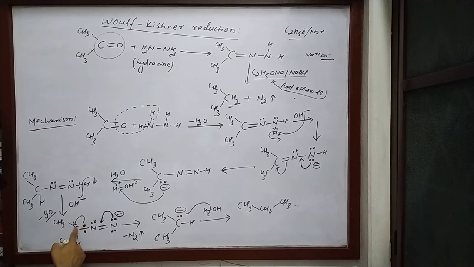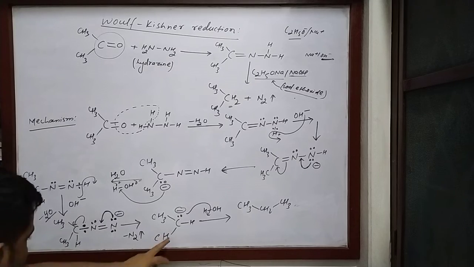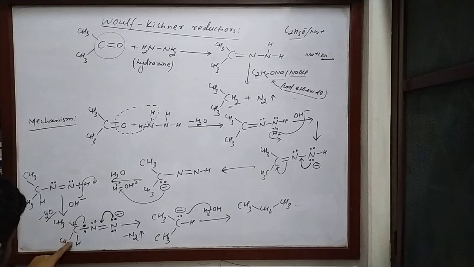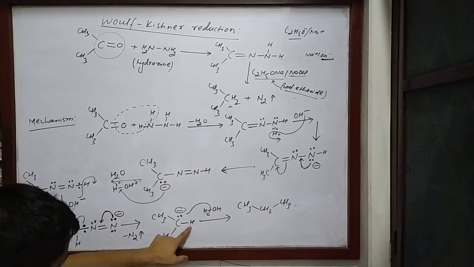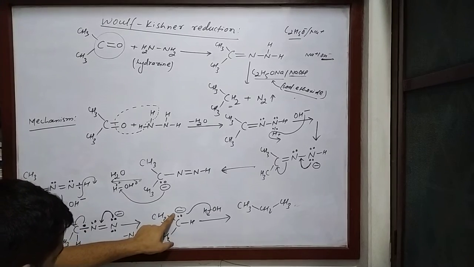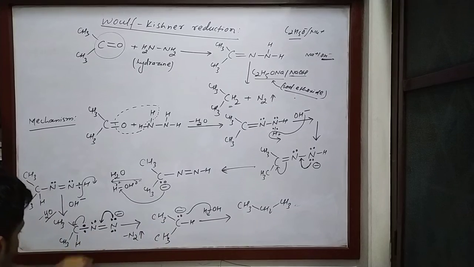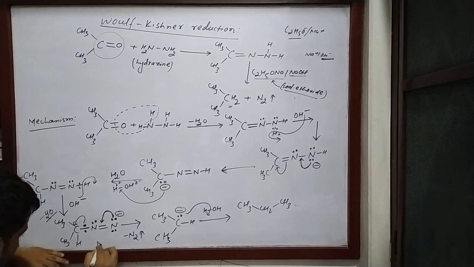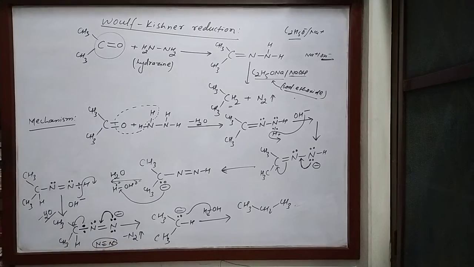Then the carbon, which contains CH3, CH3 and H, forms a carbanion when this pair shifts towards it, and N2 is formed with a triple bond between the nitrogens, so N2 gas is eliminated.